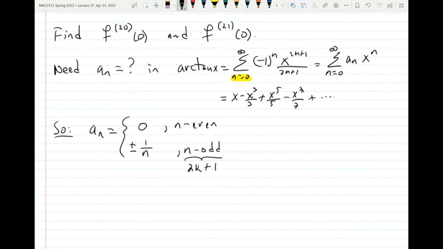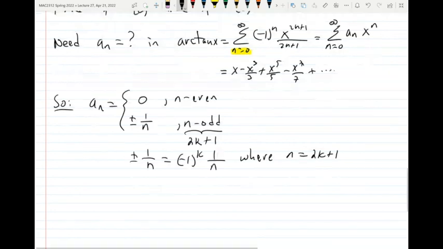When k is 1, you get the second odd number, which is 3, and so on, okay? So if I do negative 1 to the k, in here, plus or minus 1 over n, I'm going to rewrite this as negative 1 to the k times 1 over n, where n equals 2k plus 1, okay?